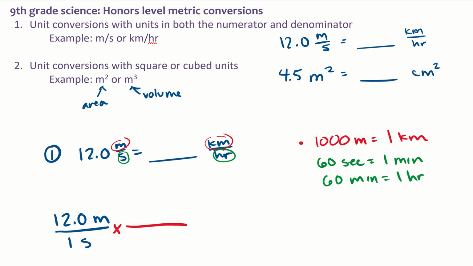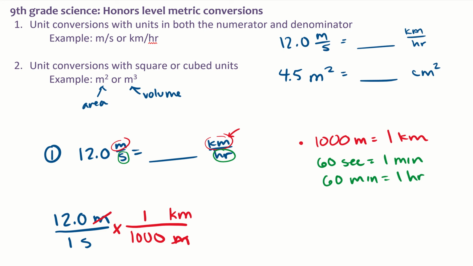Okay, so I want meters to cancel, so I'm going to put meters in the denominator. Okay, and I know that there's 1,000 meters in every 1 kilometer. Kilometer is the units in the numerator that I want to have here in my answer. Okay, so there is my first conversion factor, and that has taken care of canceling my meters and getting me to kilometers. So that's fabulous.